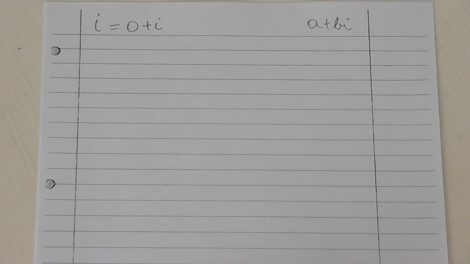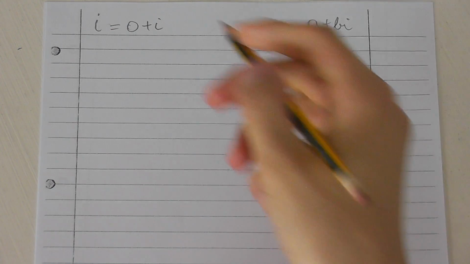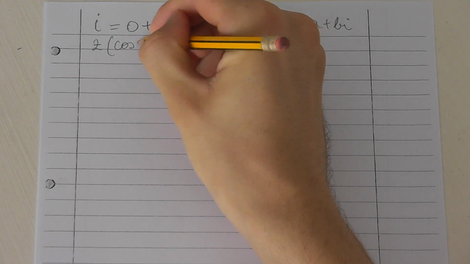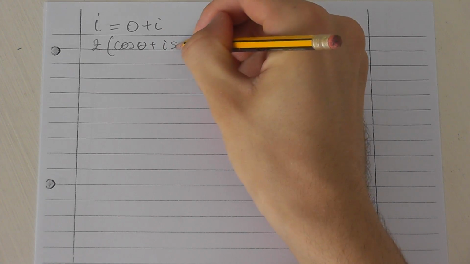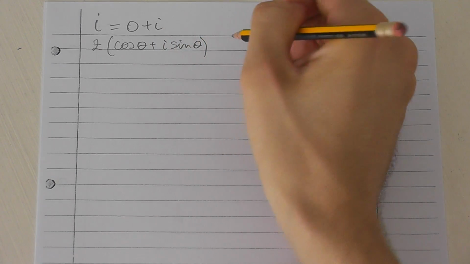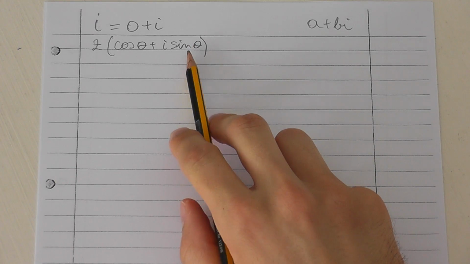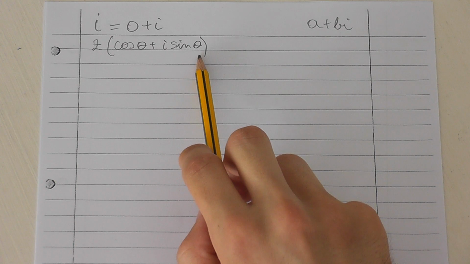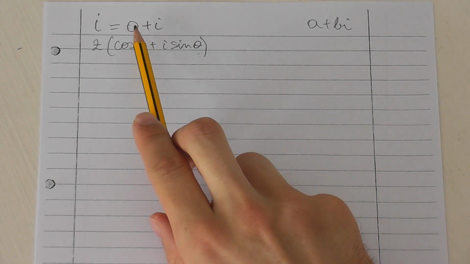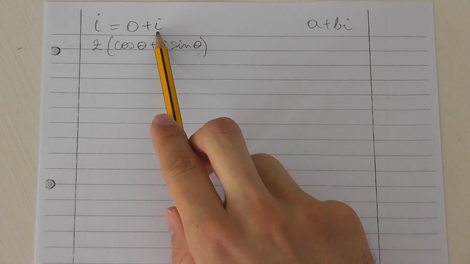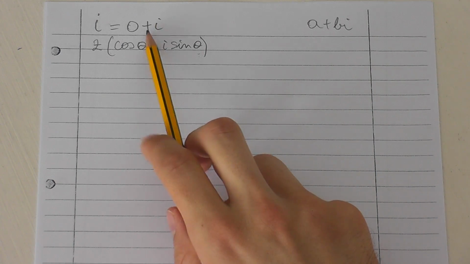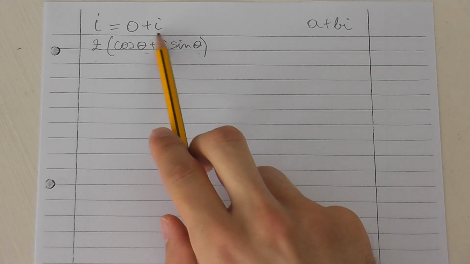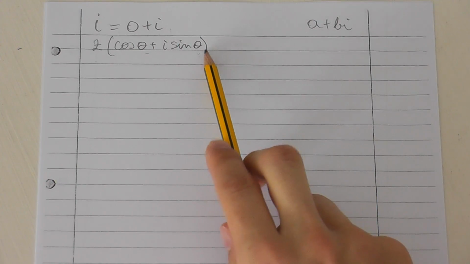Now, if we recall the polar form for complex numbers, z(cos theta + i sin theta), then I know that I can manipulate any complex number into the polar form if I have the real and imaginary parts of that complex number. So all we need to do, in fact, is find the modulus and the argument of this complex number in order to put it in this form.